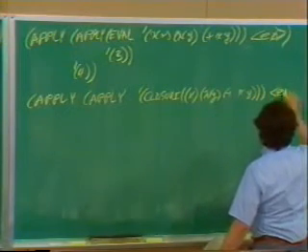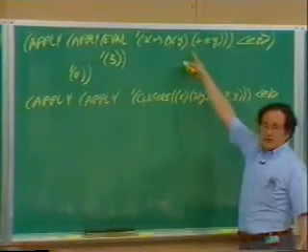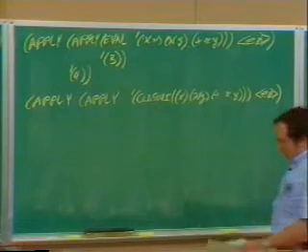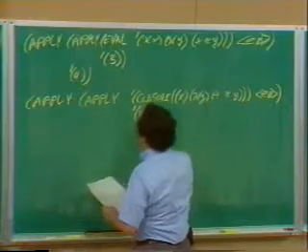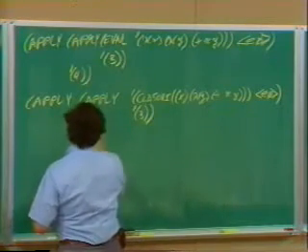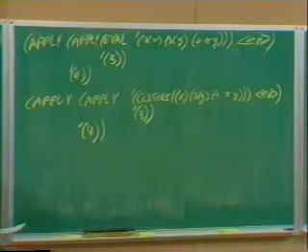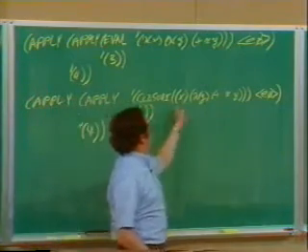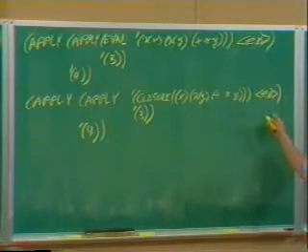Environment E0 is now captured in it because this was evaluated with respect to E0. E0 is part now of the closure object. Apply that to open 3 close. Apply to open 4 close. Apply. So going from this step to this step meant that I made up a procedure object which captured in it E0 as part of the procedure object.